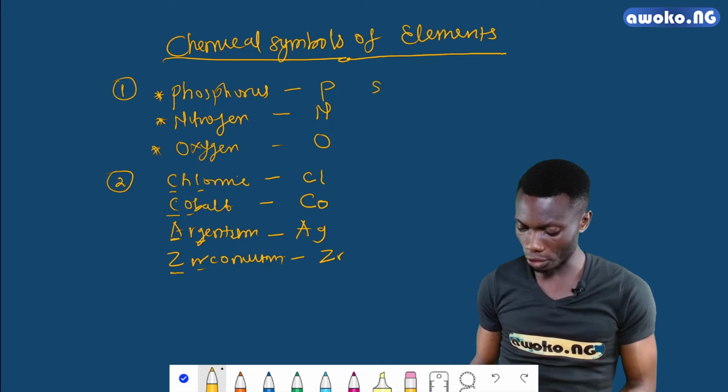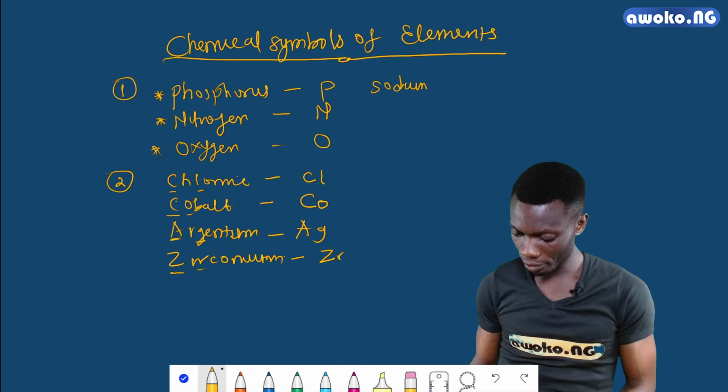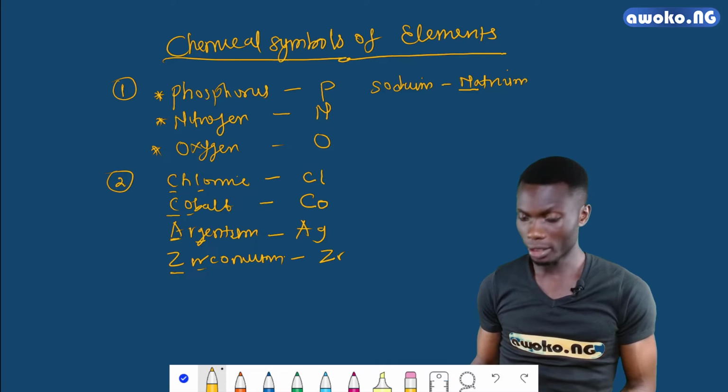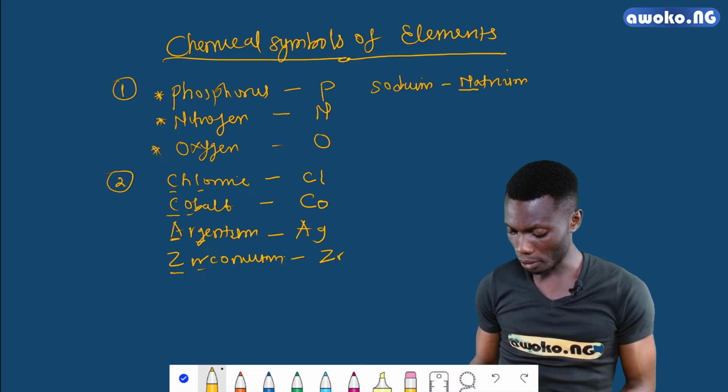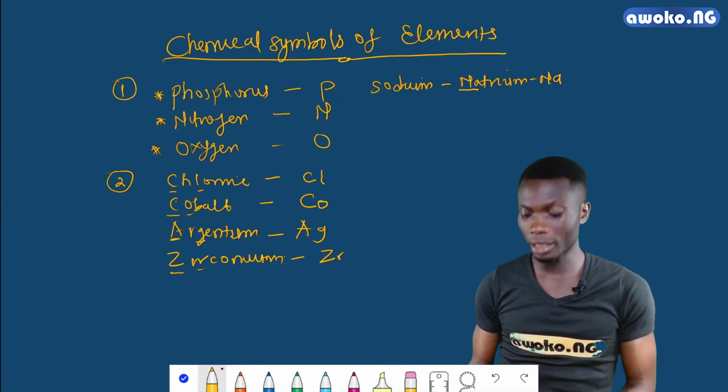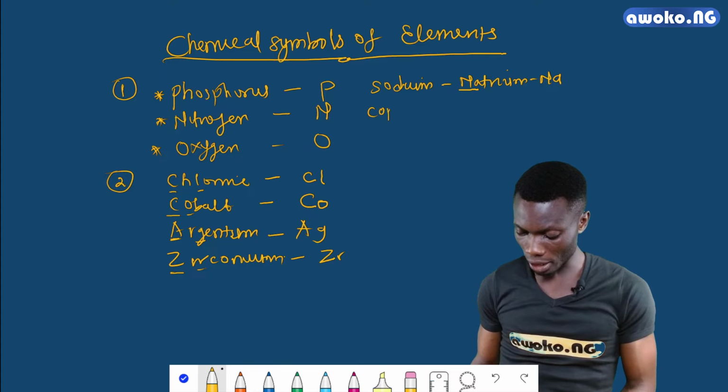So you see, for sodium the Latin name natrium is used, and N in combination with A is now the symbol of sodium. So wherever you see sodium, you see Na. That's a classical example. Another example is copper. Copper is cuprum.